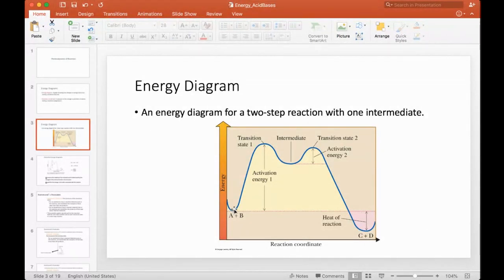Then we see how the energy goes rising here. It reaches a high point, and then it goes down, reaching a well, a valley. So this is the typical shape of a first step in a reaction.